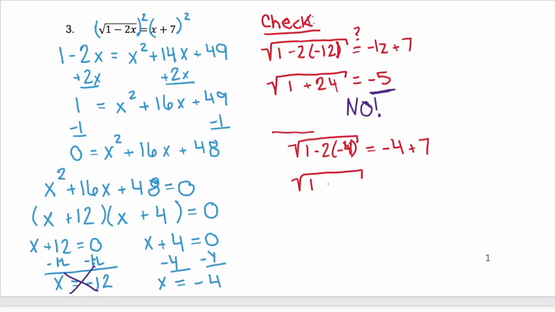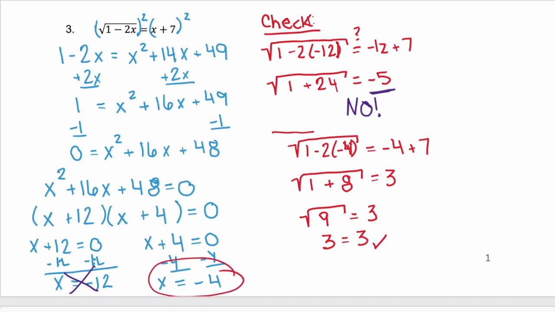Negative 2 times negative 4 is a positive 8, equals negative 4 plus 7, which is a positive 3. No issues yet, so combine the 1 and the 8, we get the square root of 9 equals 3. And sure, the square root of 9 is actually 3. 3 equals 3, so that checks out. So our answer is x equals negative 4.